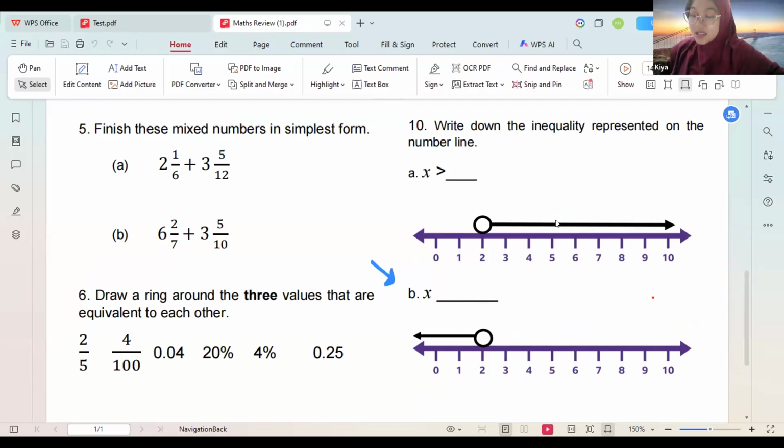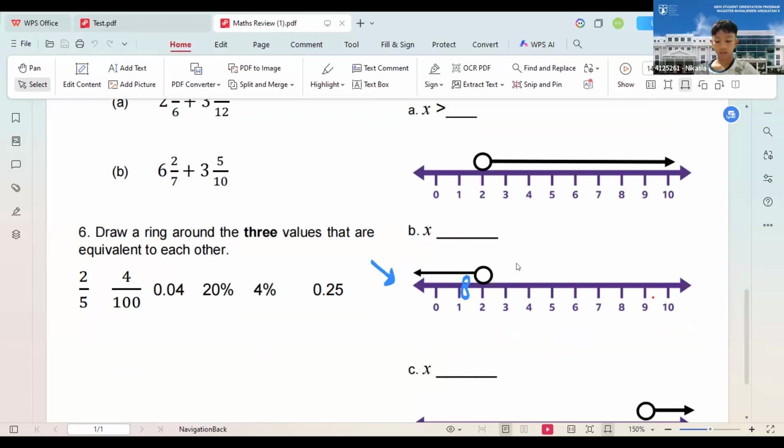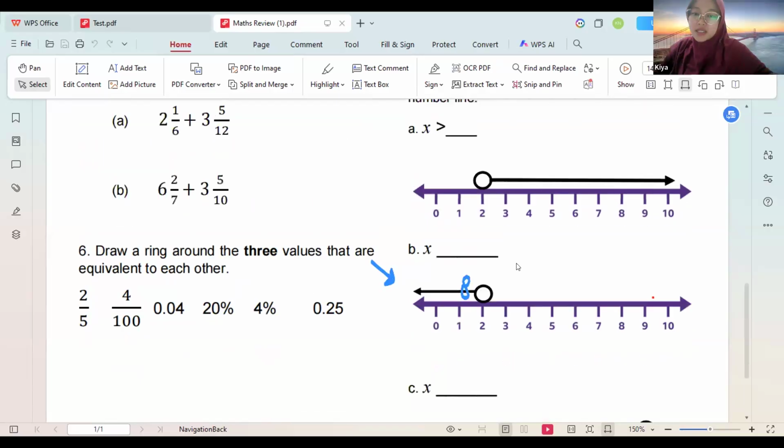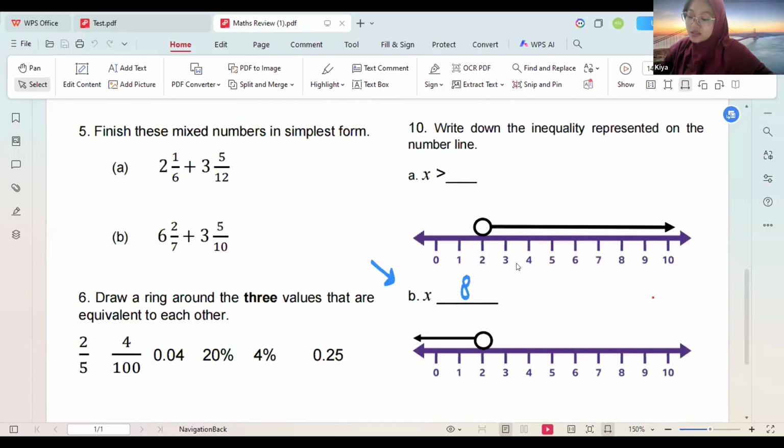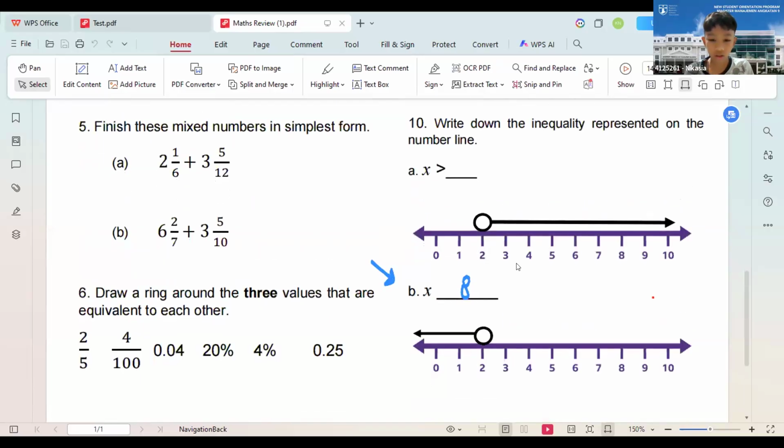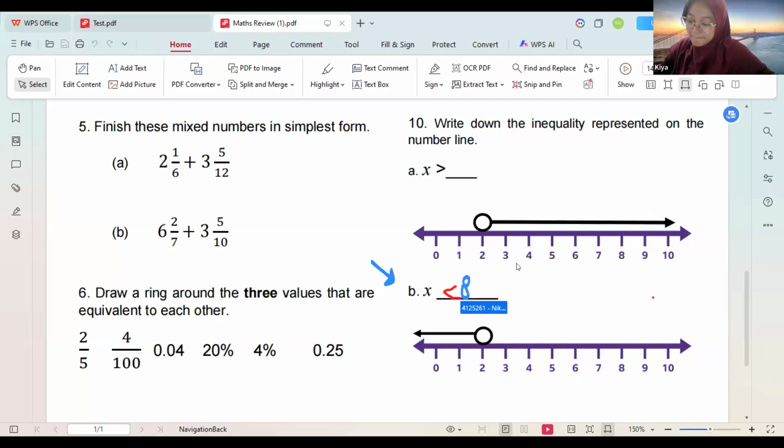Um, just write X here. Is that right? I think no, you need to check again. Are you sure the number is 8? Why 8?